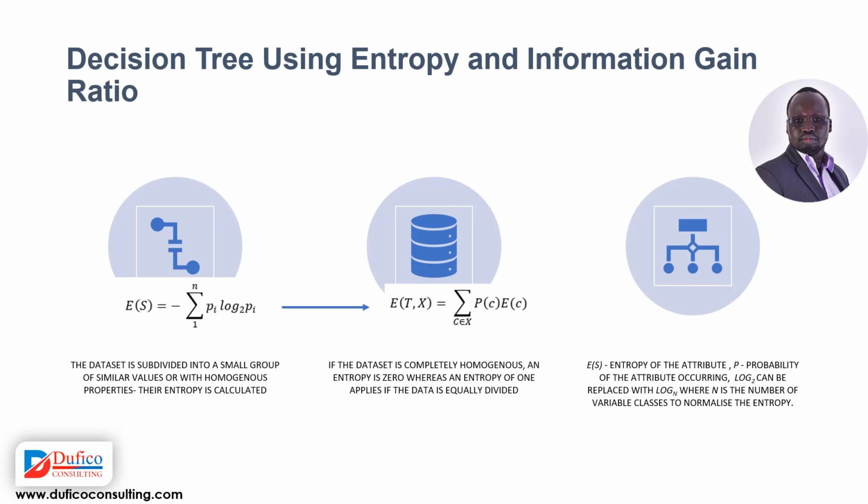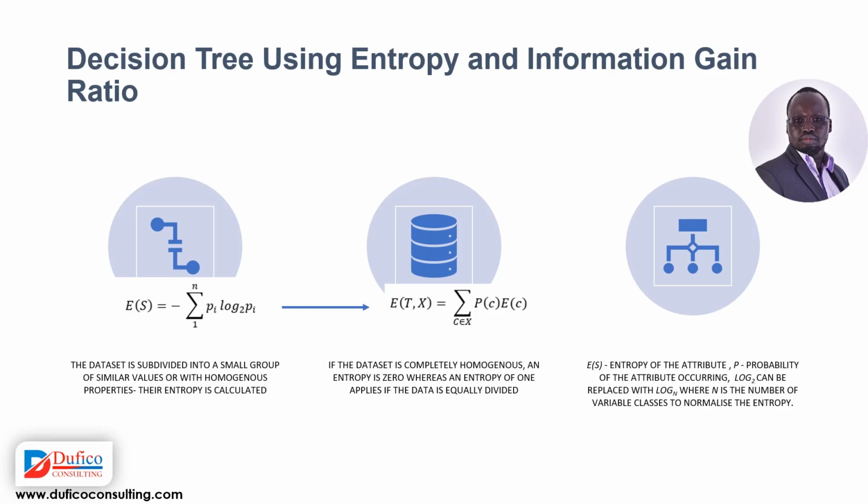Now we said we are applying a decision tree, and we'll use the concept of entropy and information gain. What we are saying here is that the data set is subdivided into small groups of similar values or with homogeneous properties, and their entropy is calculated, which is the information gain. If the data set is completely homogeneous, the entropy is 0, whereas an entropy of 1 applies if the data is equally divided.